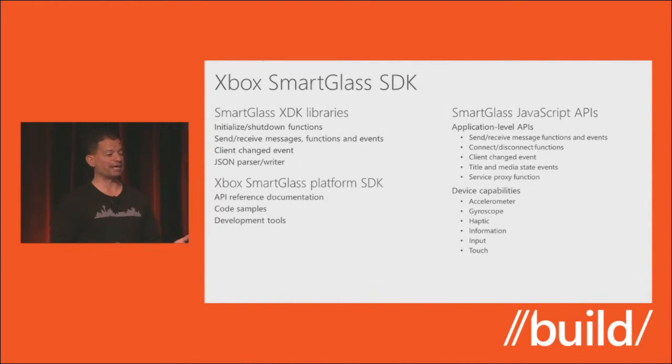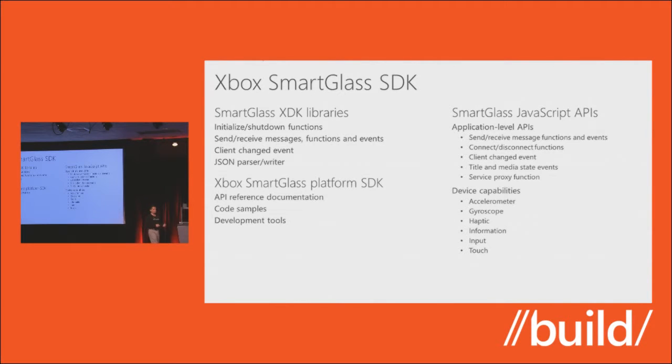And in order to enable all of this, we have what we call the Xbox SmartGlass SDK. The SDK is available on the Xbox Game Developer Network, which is where you get both the tools for building the Xbox titles, the console side of things, as well as the SmartGlass SDK that has all of the device side components.